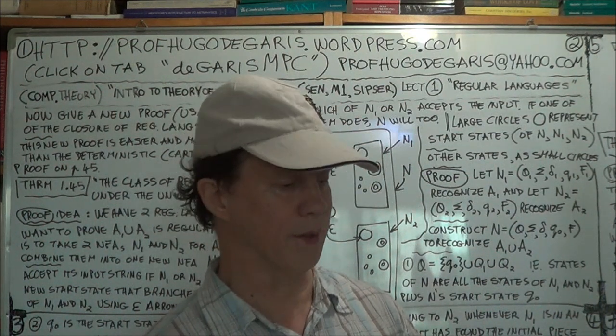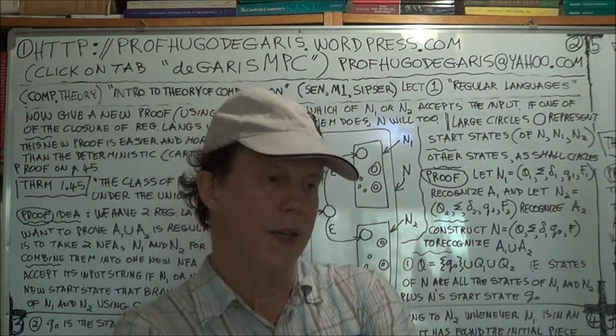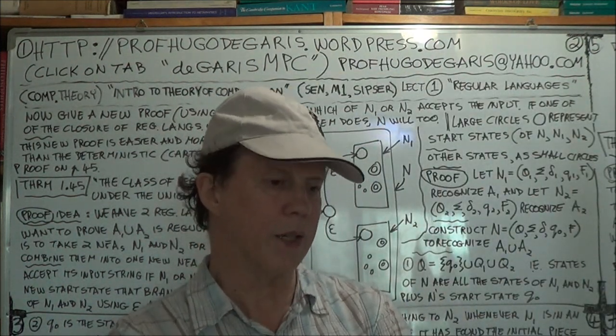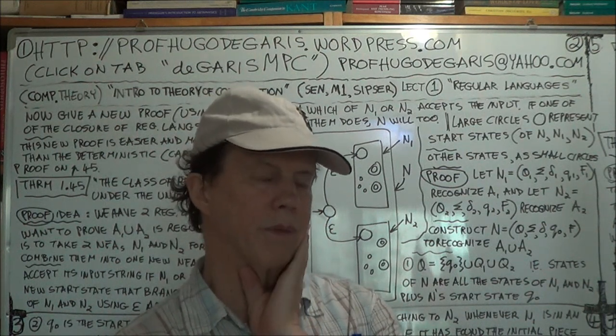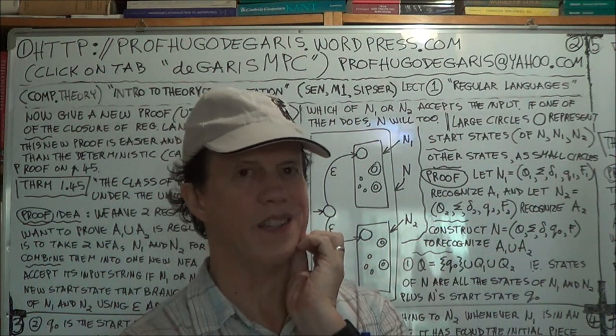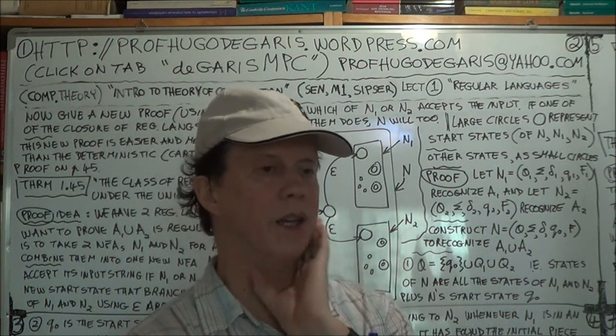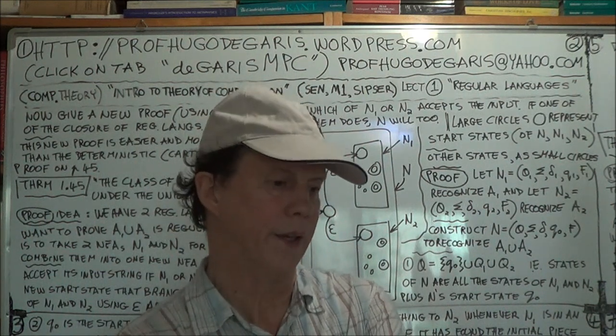Now that sounds interesting because a regular language, remember, by definition, is a language that's recognized by some finite automaton. A deterministic one, a DFA, or an NFA. And remember, a DFA is equivalent to an NFA.